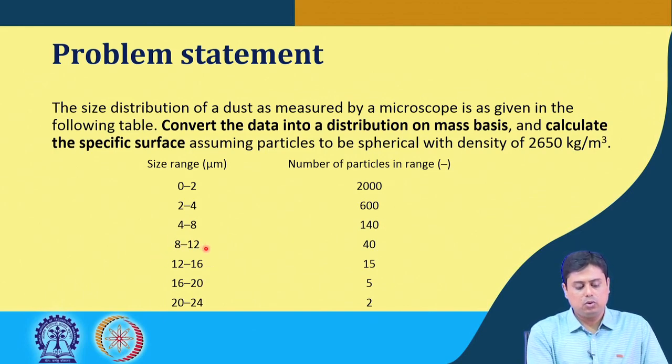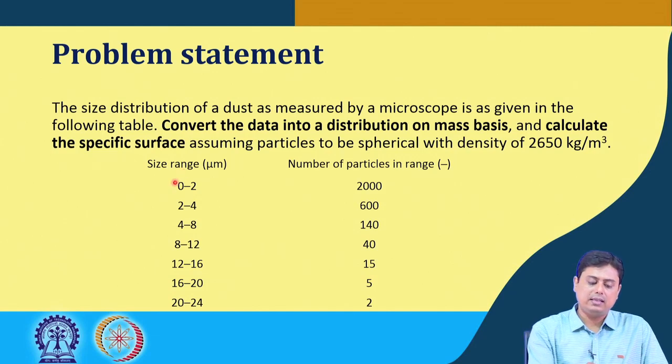From 8 to 12 micron size particle, in this range we find there are 40 particles. So as the size increases, we see lesser and lesser number of particles. From 12 to 16, we find that number to be 15. From 16 to 20, it is 5 particles, and 20 to 24 we have 2 particles only.